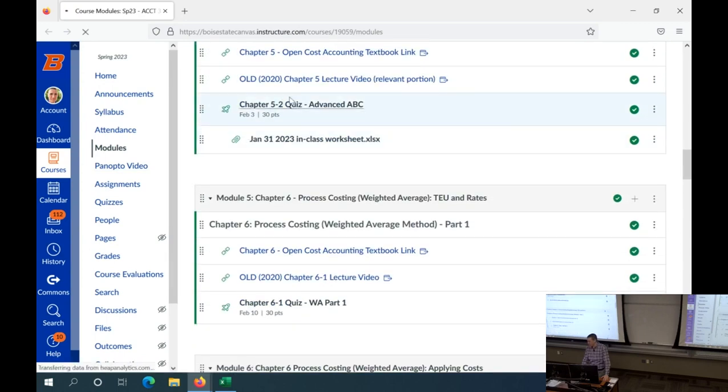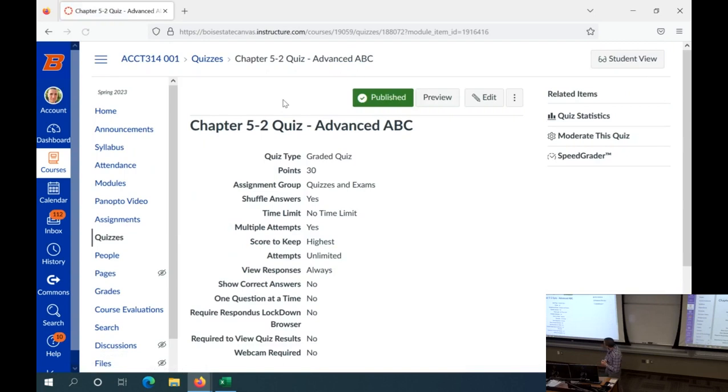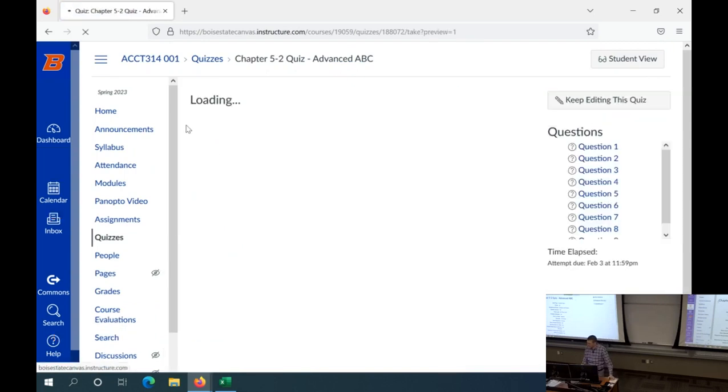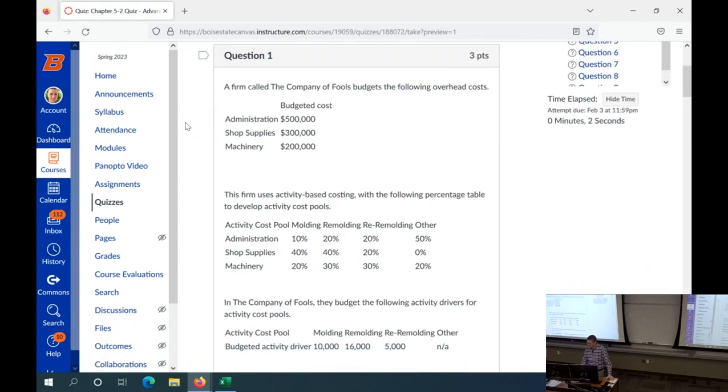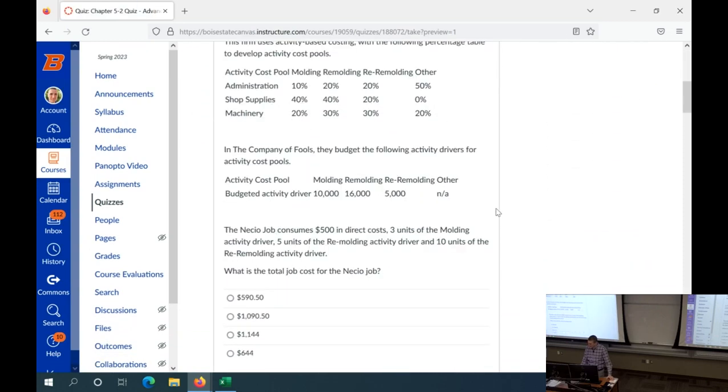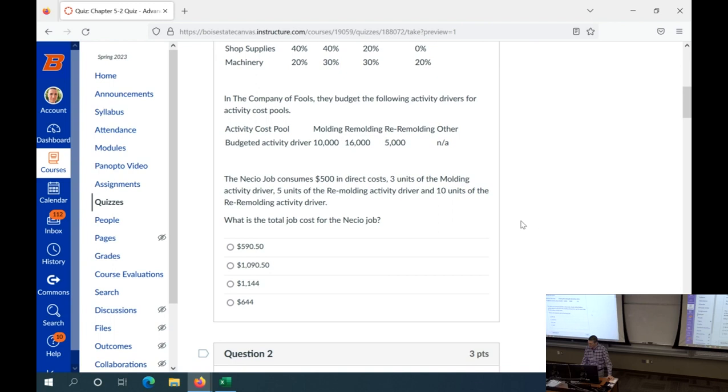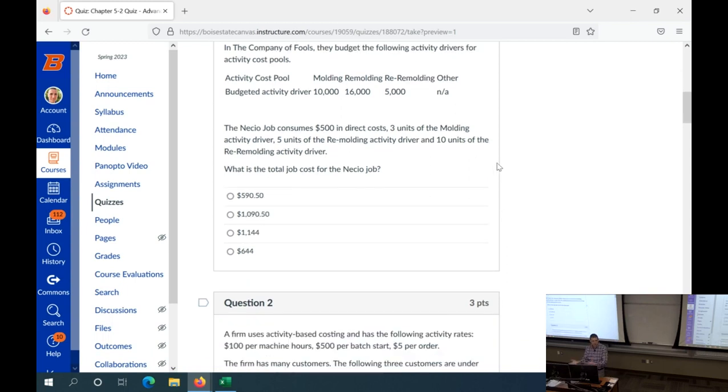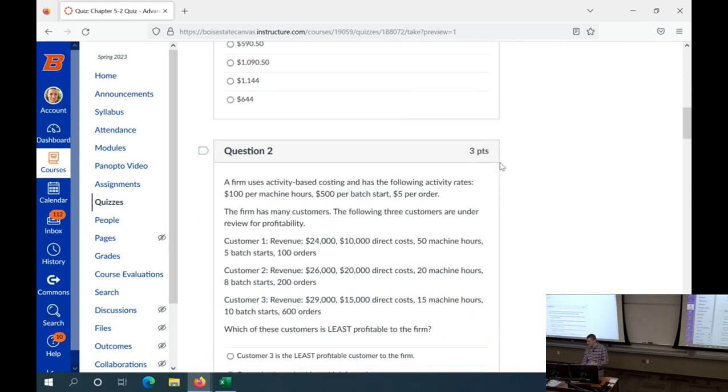Let's attack this quiz then. So 5-2, Advanced ABC. It's our second day looking at it. It looks like we have a very comprehensive question. I skipped a comprehensive question last time we were trying it. Yeah, go ahead.